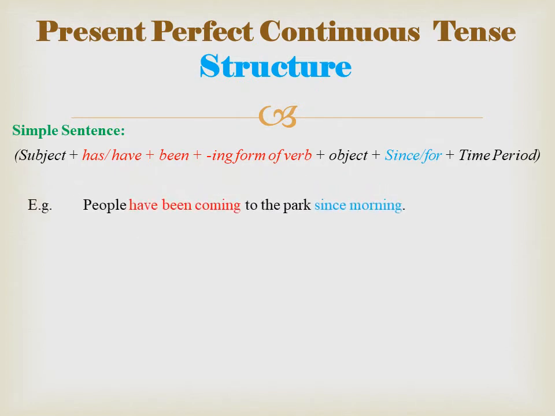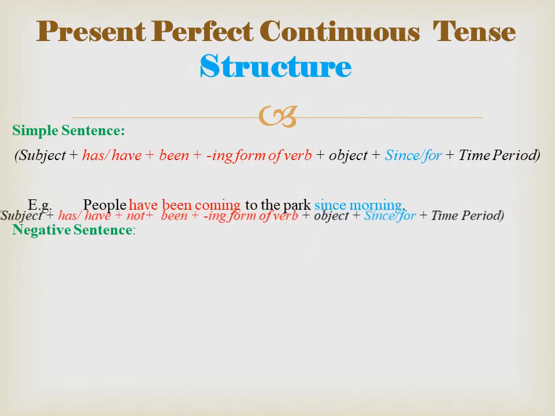For example, people have been coming to the park since morning. See, people is the subject, then we have a helping verb have, then been, then ing form of a verb, coming to the park, and then since, and after that you have a time period, morning.